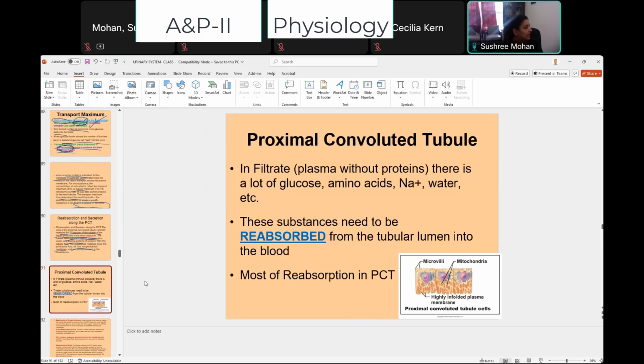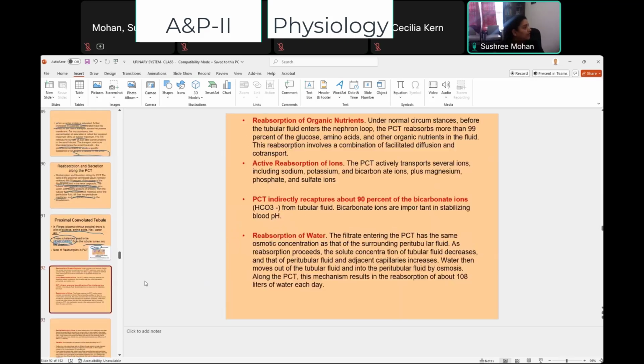In the PCT, there is a lot of glucose, amino acid, sodium, and water. These are all reabsorbed from the tubular fluid and sent back into the system, thanks to the microvilli. Reabsorption of organic nutrients: under normal circumstances, the PCT will absorb 99% of glucose and amino acid.